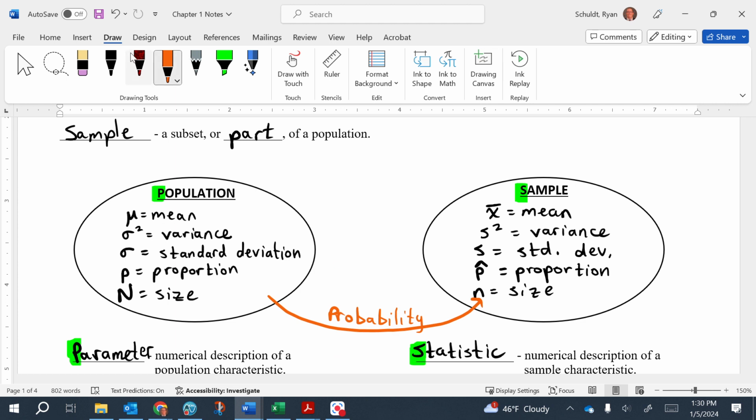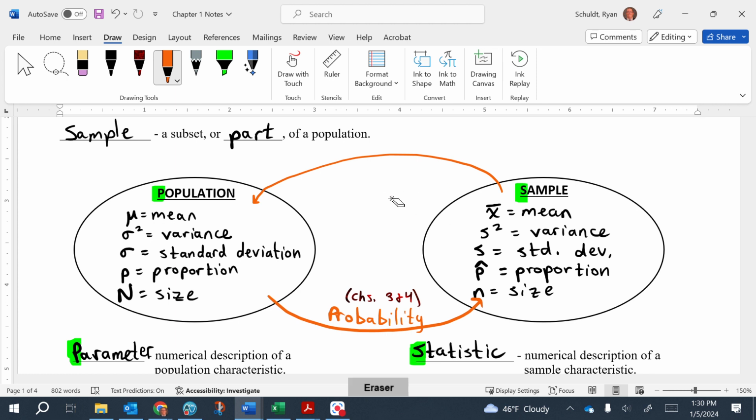But once we get past chapter 4, chapters 5 through 9, we're going to be going the other direction. We're going to be using samples to estimate parameters.